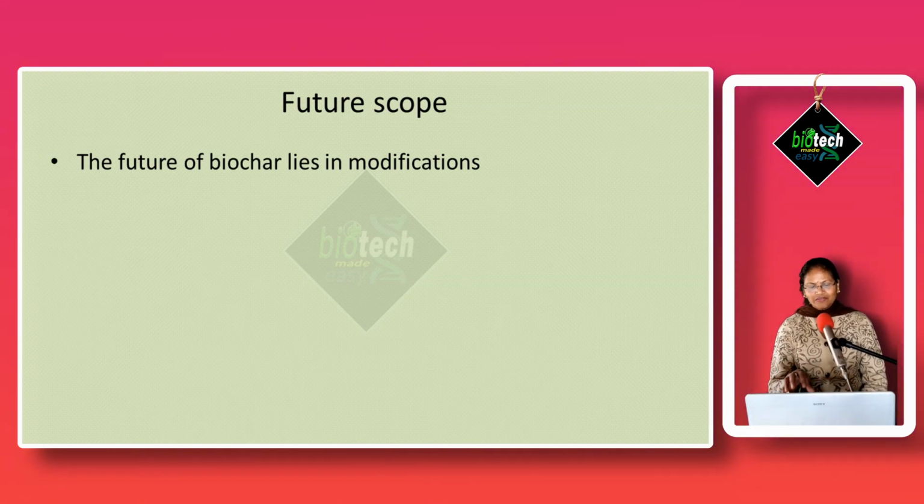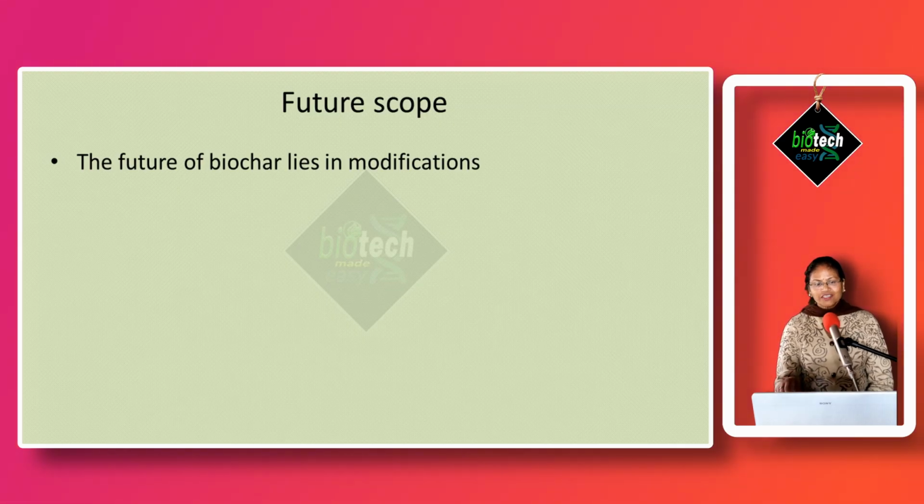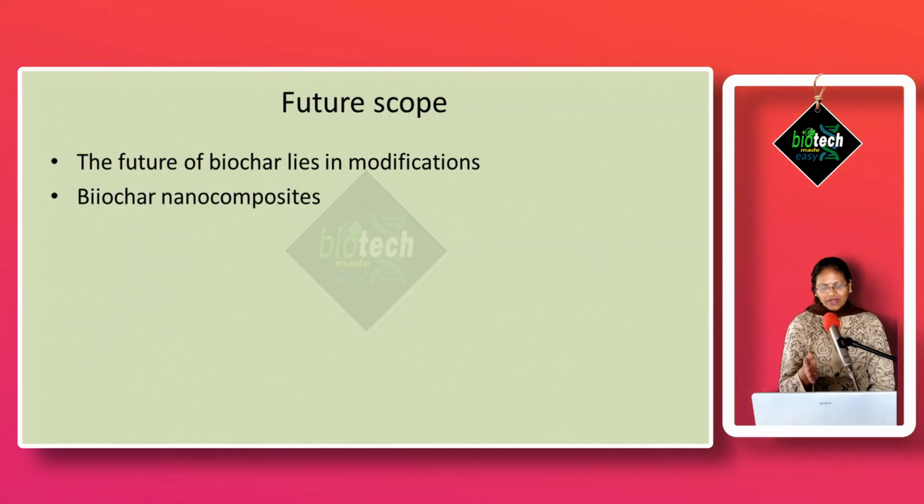So the future of the use of biochar in wastewater treatment depends on the modifications. Biochar nanocomposites are formed. So nanotechnology is used in making the biochar. Nanobiochar is formed, which is much more efficient. It can absorb the pollutants very well. So these are going to be very good, and they probably will be used in future.